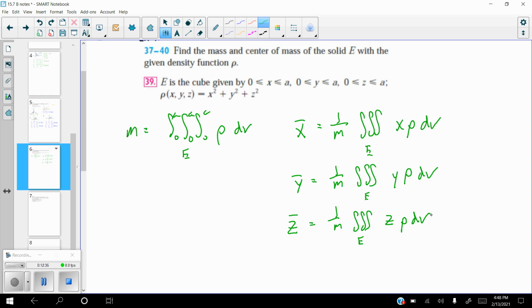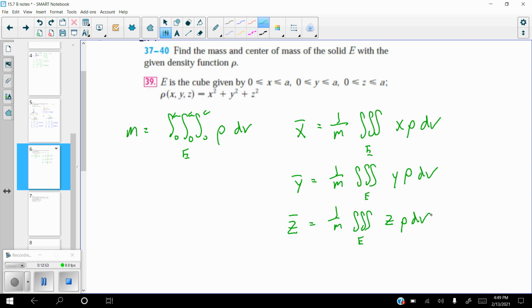So that's it. Given that you have exactly the same bounds and you're only multiplying one variable through the density function, whatever you get for x bar, your y bar and your z bar are going to be identical to that value.